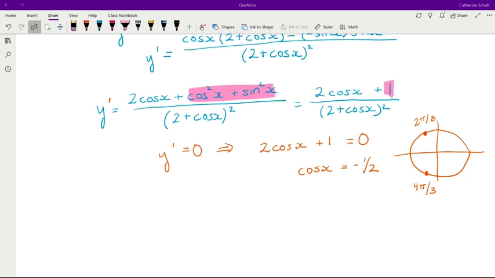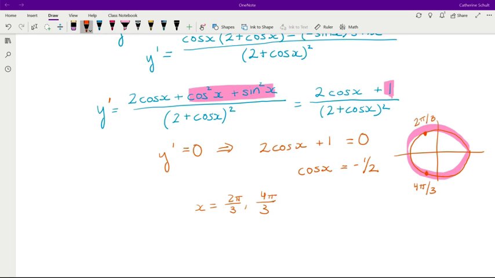So in that one period, just one rotation, remember we can focus on one rotation and then we can just kind of copy and paste. We're going to be looking at zeros for our derivative at 2 pi over 3 and 4 pi over 3.